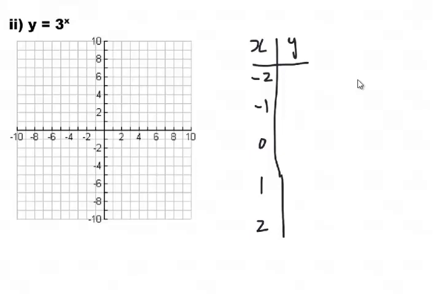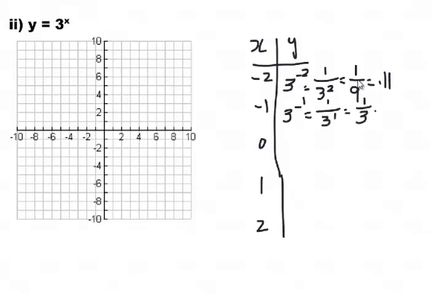Again, when x is -2, this becomes 3 exponent -2, which is 1 over 3 exponent 2, which is 1 over 9, which is going to be approximately 0.11. When x is -1, we get 3 exponent -1, which is 1 over 3 exponent 1, which is 1 over 3, which is about 0.3 with 3 repeating.